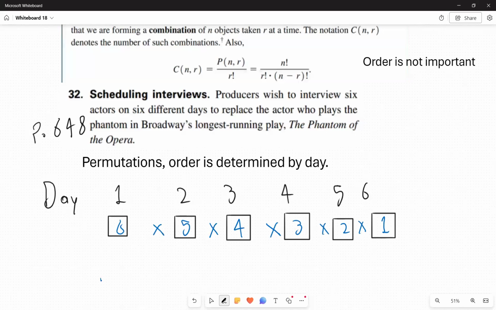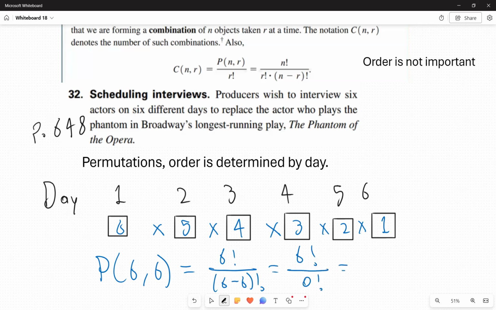Really what we have is permutations of 6 objects taken 6 at a time. So according to the formula, this is 6 factorial over 6 minus 6 factorial, but 0 factorial is 1. And 6 times 5 is 30 times 4 is 120 and so on. So that's 720. Yes, this is 720. So that's going to be the answer.